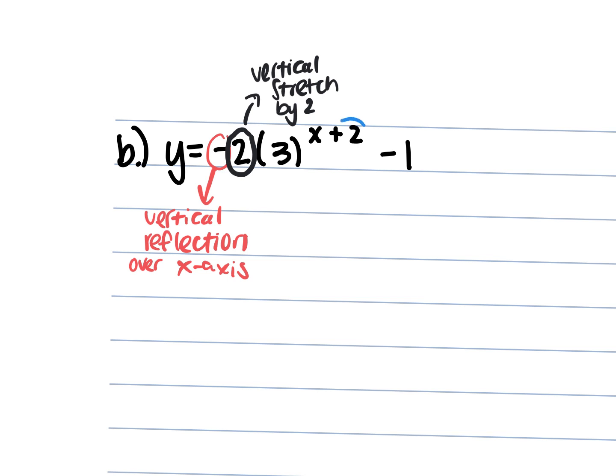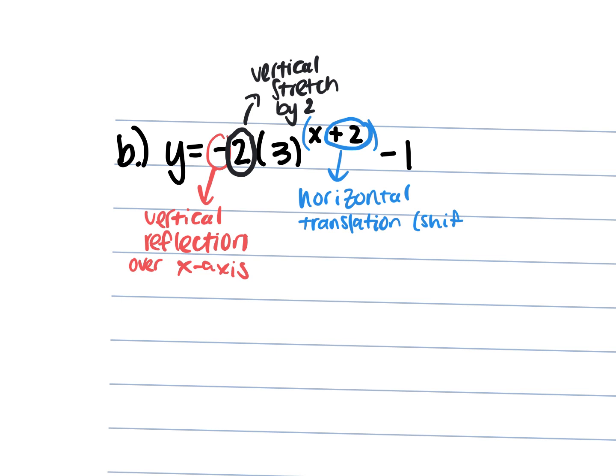And then we have the plus 2 in opposite world, so it's horizontal. Remember, opposite world for an exponential function is anything part of your exponent. It's a translation, aka a shift.